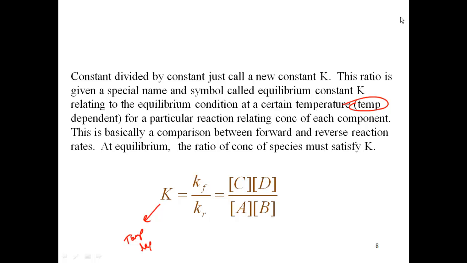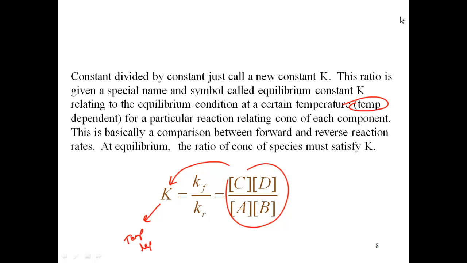So I know a reaction going on at a certain temperature. I have a K for that reaction, for a particular reaction relating the concentration of each component. This is basically a comparison between the forward and the reverse reaction rates. At equilibrium, the ratio of concentrations of species must satisfy K. So if I have equilibrium concentrations of C, D, A, and B, when I put them into my equation, that ratio will be equal to that K value.